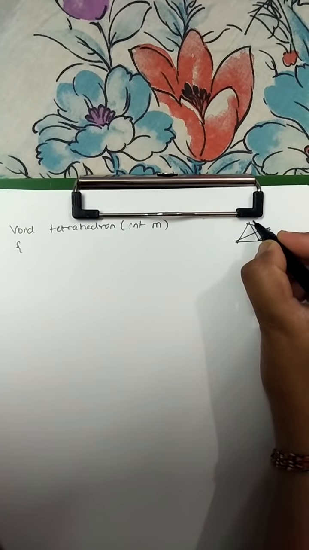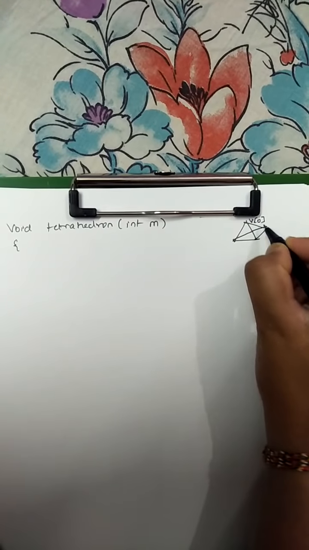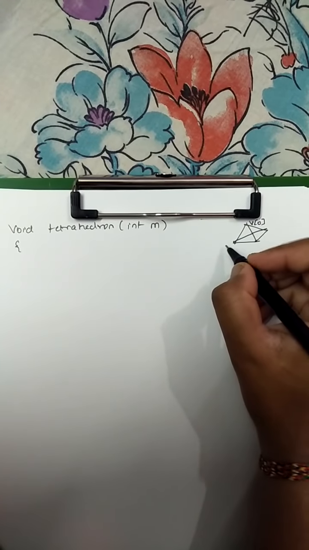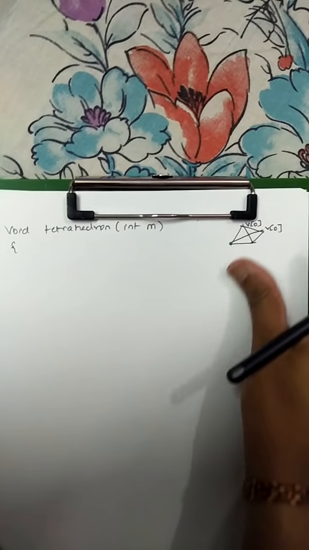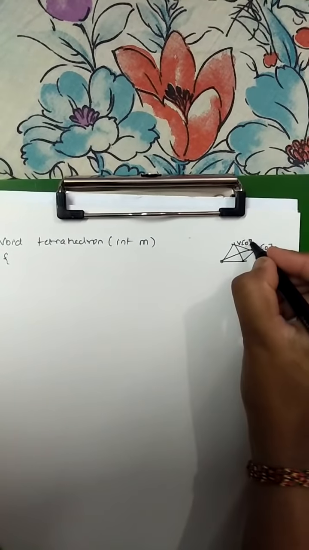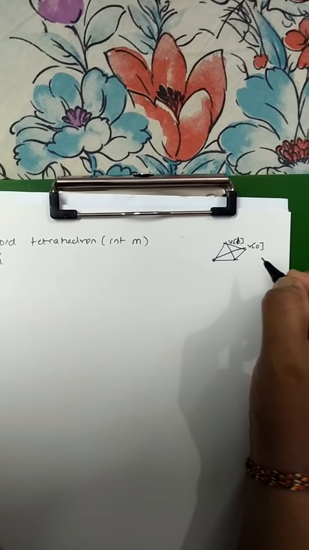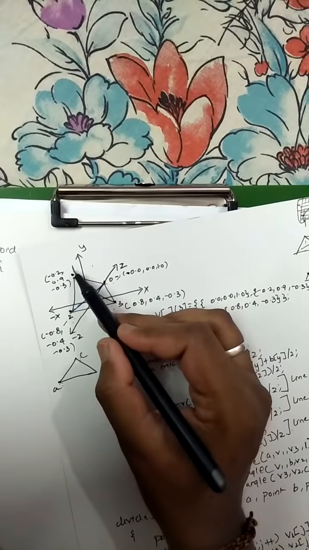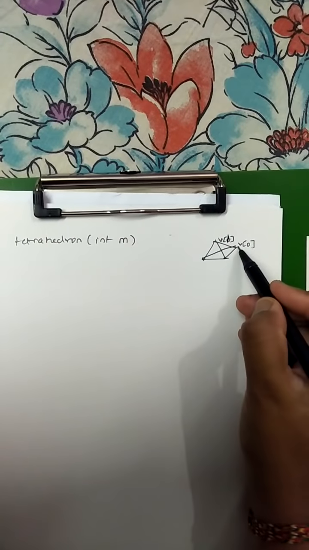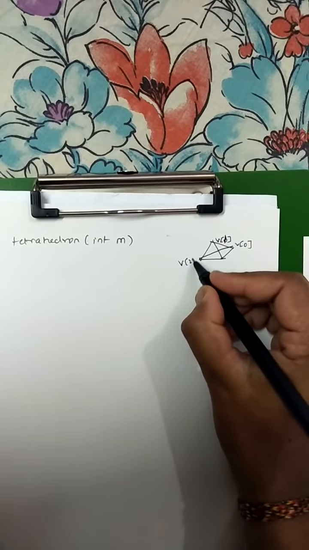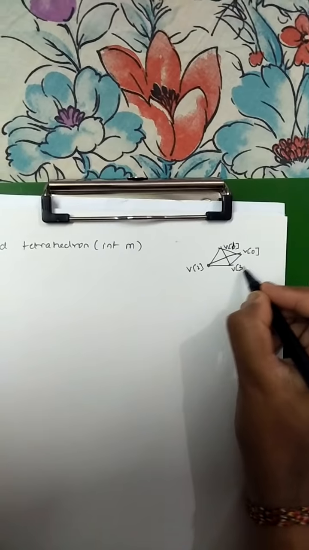So this was V of 0. This was V of 1, as we have seen in this. So this was V of 0, V of 1, V of 2 and V of 3. The same I am taking V of 0, V of 1, V of 2 and V of 3.